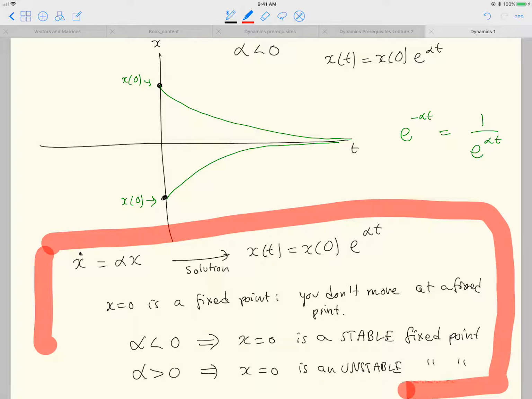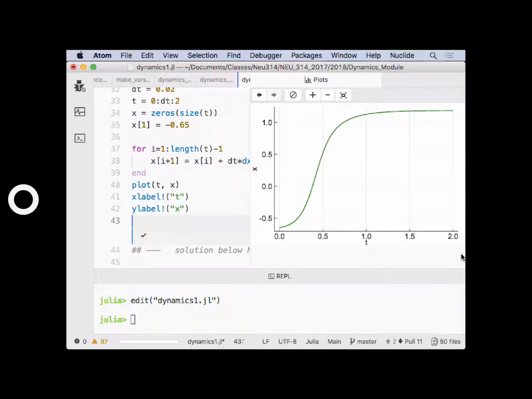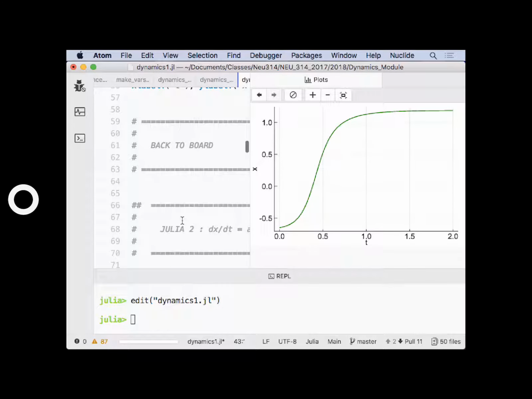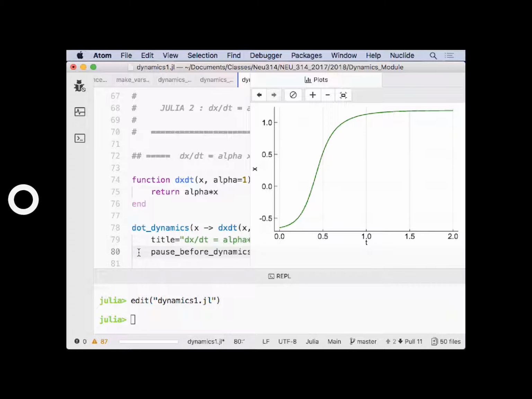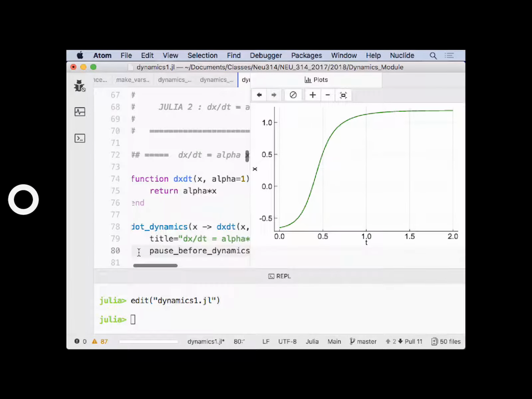And those are kind of key properties to know about. So let me show you some of that. So let's do the case where alpha is bigger than 0.